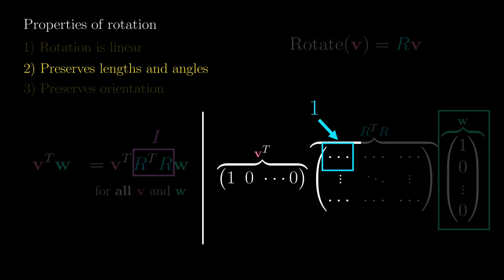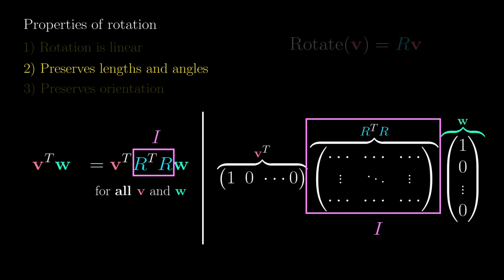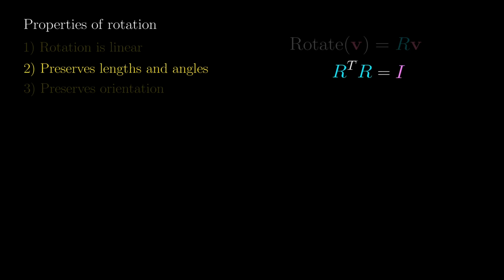So, using this sort of argument, we will be able to find all the entries in the matrix R transpose R. And if you actually go through each pair of basis vectors, you can show that entry by entry, this R transpose R is the identity matrix. So this second property boils down to the rotation matrix satisfying this property.